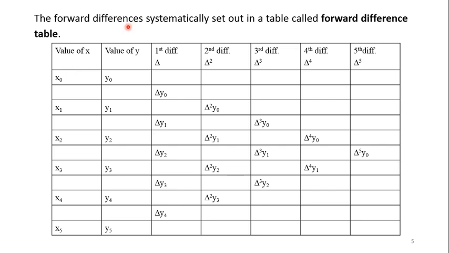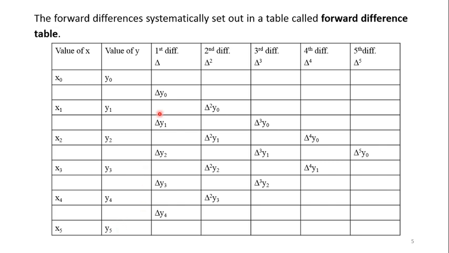Whenever you prepare a difference table, the first column takes the independent variable values, or in finite difference language the arguments, while the second column is of entries, that is the corresponding values of the dependent variable y0, y1, y2, y3.